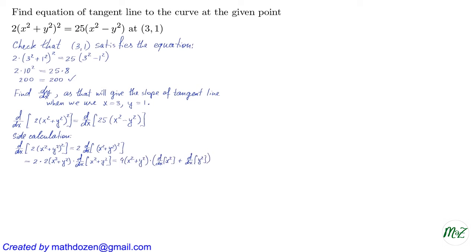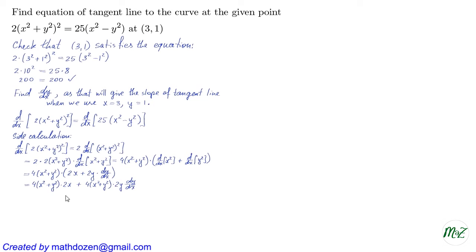Okay. So we have 4 times x squared plus y squared multiplied by derivative of x squared plus derivative of y squared. So we have 4 times x squared plus y squared multiplied by 2x, which is derivative of x squared, plus 2y times dy over dx. So we use implicit derivative on y squared.